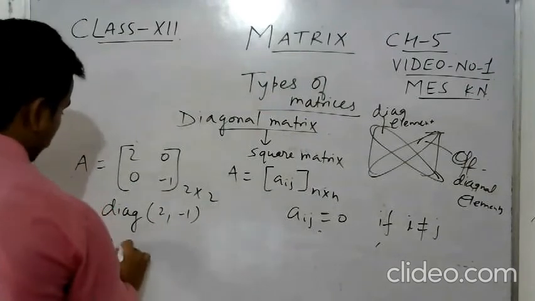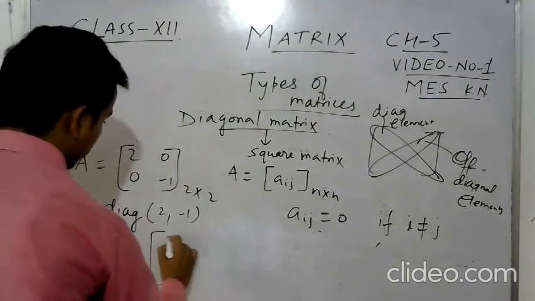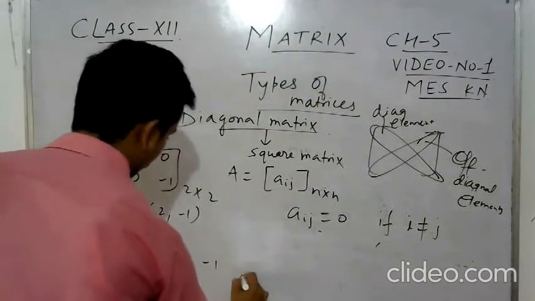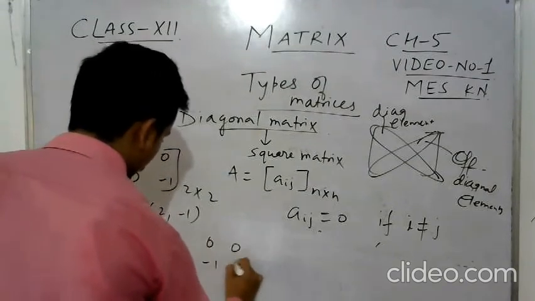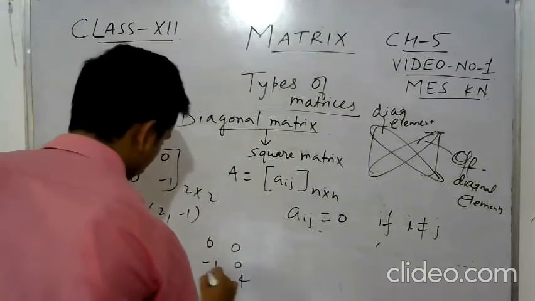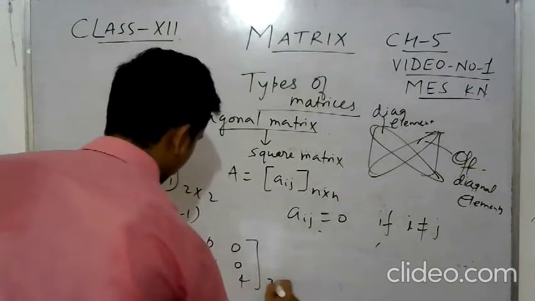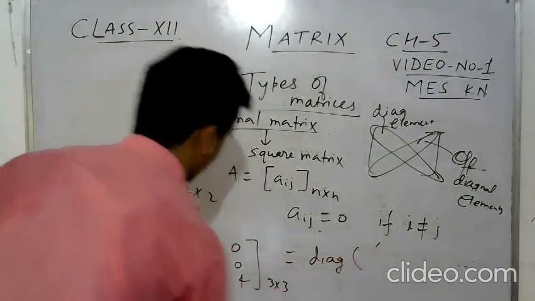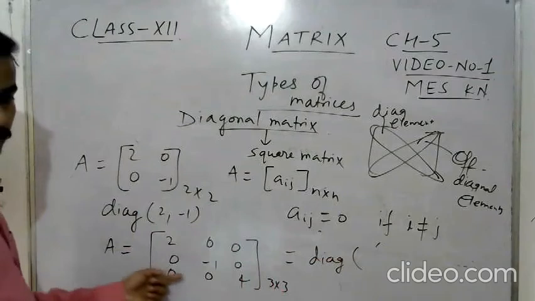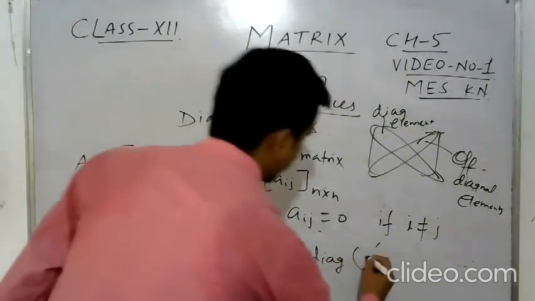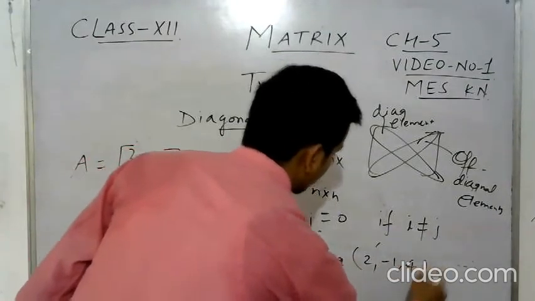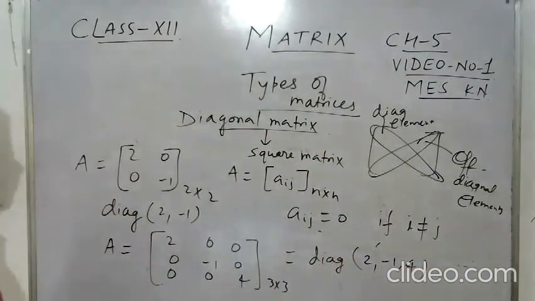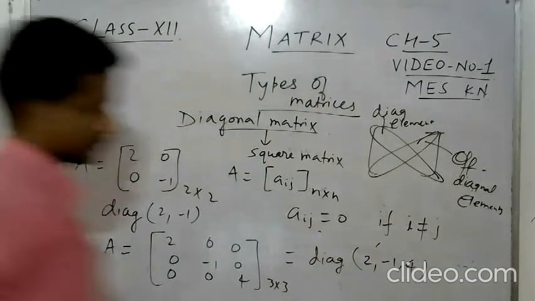Now suppose we have a diagonal matrix of order 3 by 3, with 2, -1, 4 on the diagonal and 0 elsewhere. Then you can write it as diag, and the diagonal elements are 2, -1 and 4. So this is a diagonal matrix.